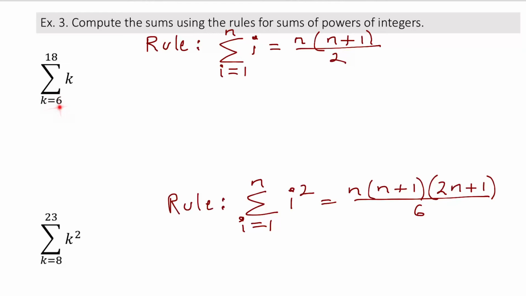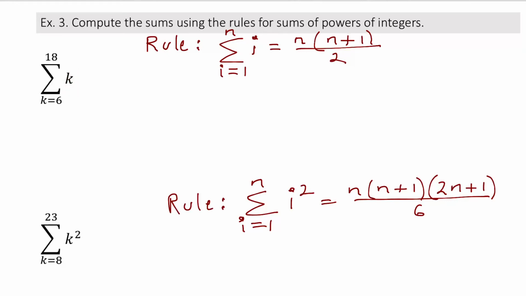Now looking at this sum here, we're not starting at 1. We're starting at 6. So our sum is from 6 to 18 of all of the integers in the list. Remember, we don't skip.